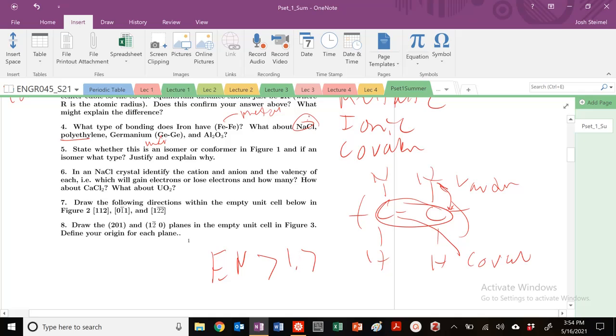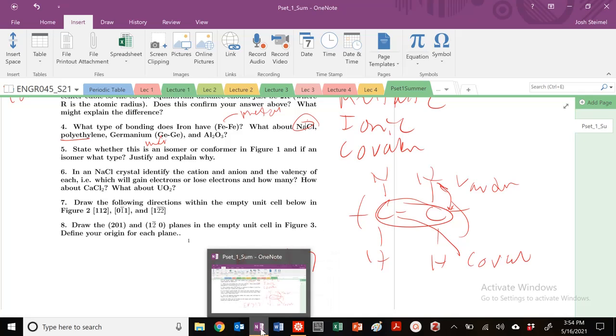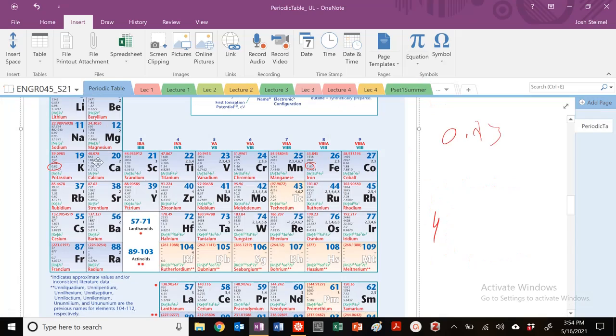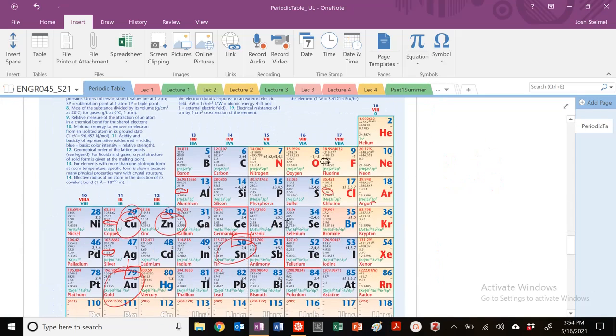So our NaCl is ionic. Let's look at polyethylene. We just said, again, we have covalent bonds, we have van der Waals interactions. Fantastic. And then now, let's go to our Al2O3. Let's look at our Al. We're at 1.61, it looks like. Let me just erase here. 1.61.